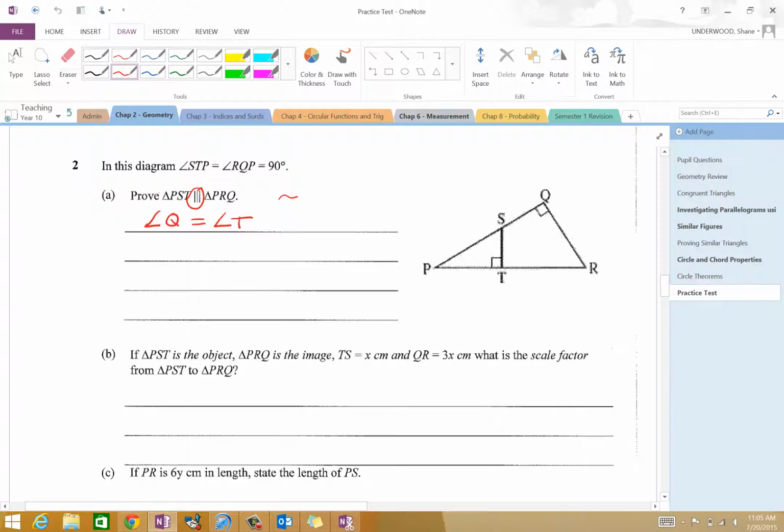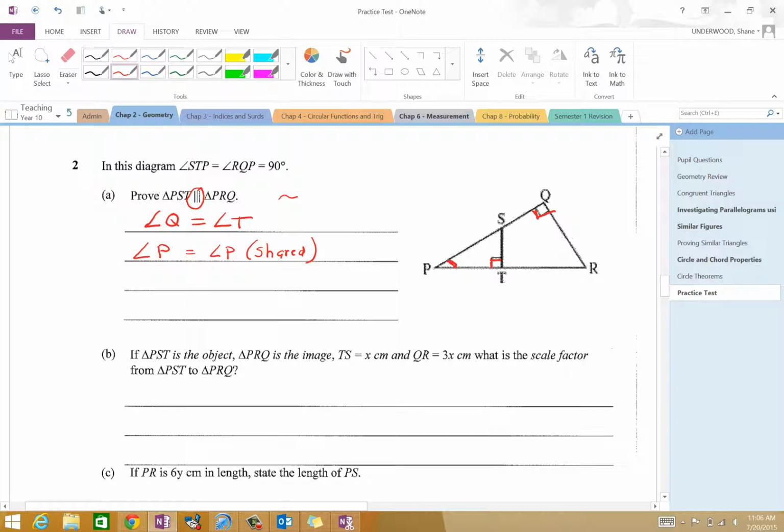What about angle P? What can you tell me about angle P? Isn't angle P equal to angle P? Aren't they shared? They're shared angles. So this angle here is the same for both. They both have a 90-degree angle. So doesn't that mean that the other angle is also equal?